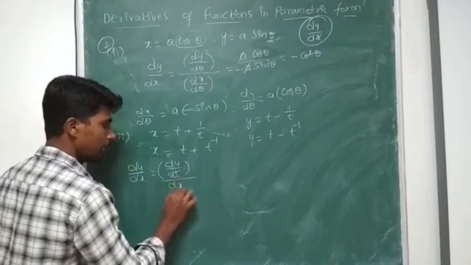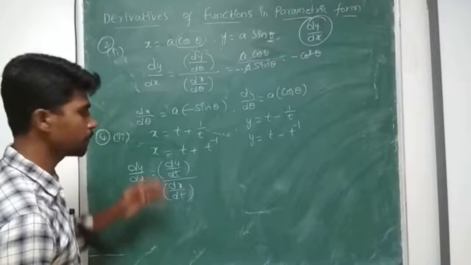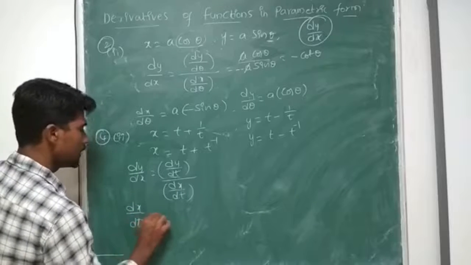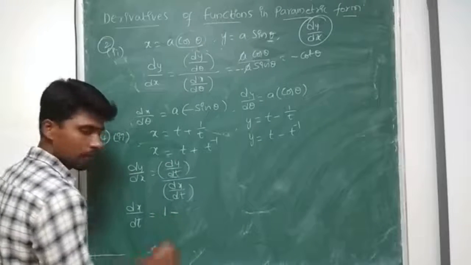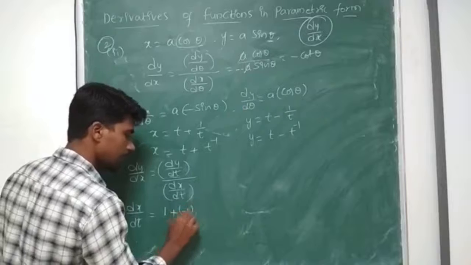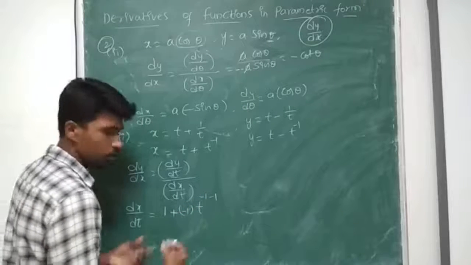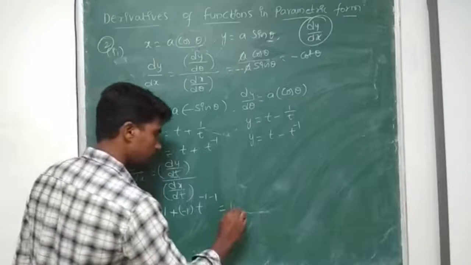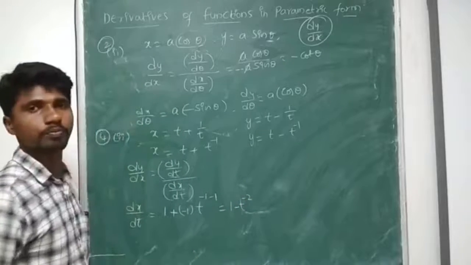Shall we find dx by dt first? dx by dt is the derivative of t plus t power minus 1, using n into t power n minus 1. So dx by dt is 1 minus t power minus 2.